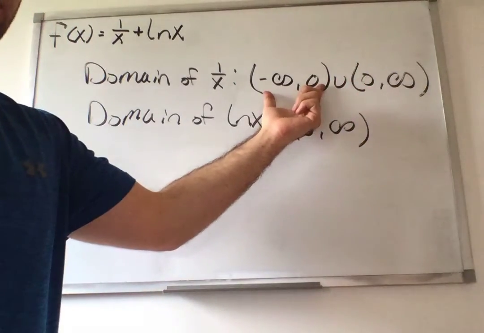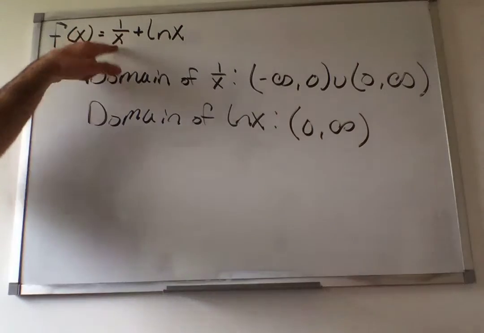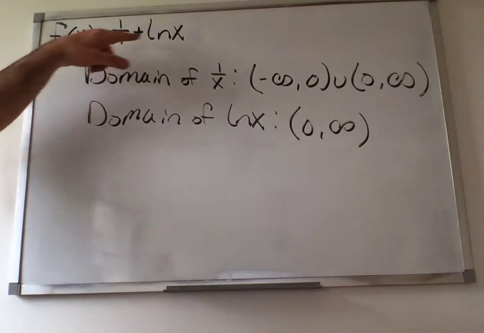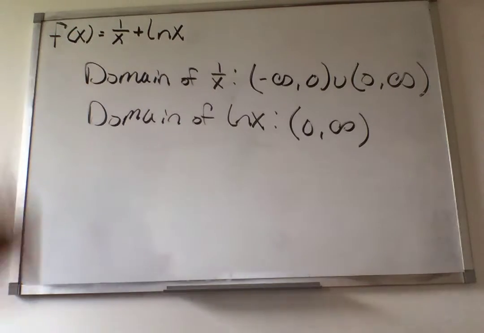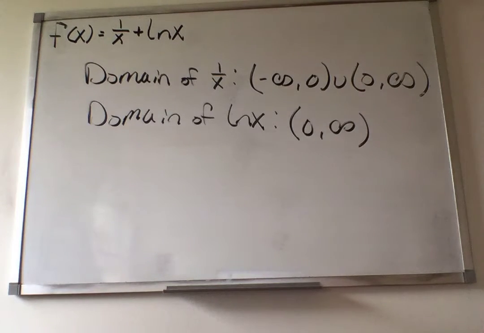You see this part and this part are the same, that's fine. But this part right here is from negative infinity to 0. If I were to plug negative numbers in here, I'd be fine with that. Negative 5 would be negative 1/5. But if I were to plug negative 5 into ln x, we know that we cannot take the logs of negative numbers. I'm going to be careful saying that, because mathematically it is possible to take the log of negative numbers.